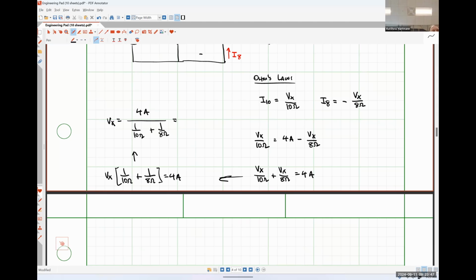So that's what I'm going to put in my calculator. So 4 over 1/10 plus 1/8. And I get 160 over 9 volts.